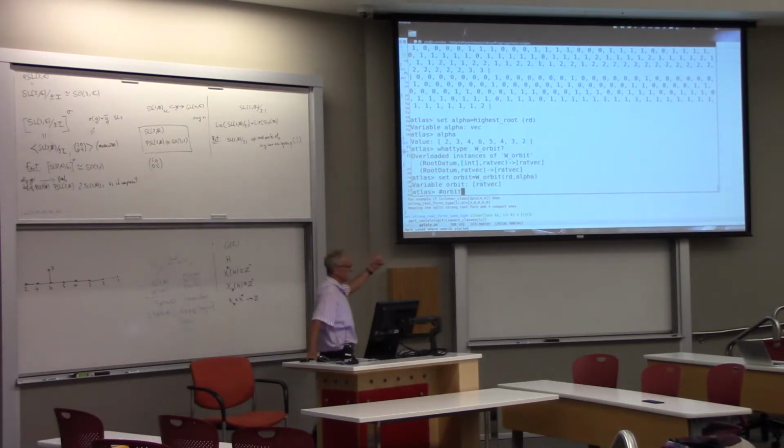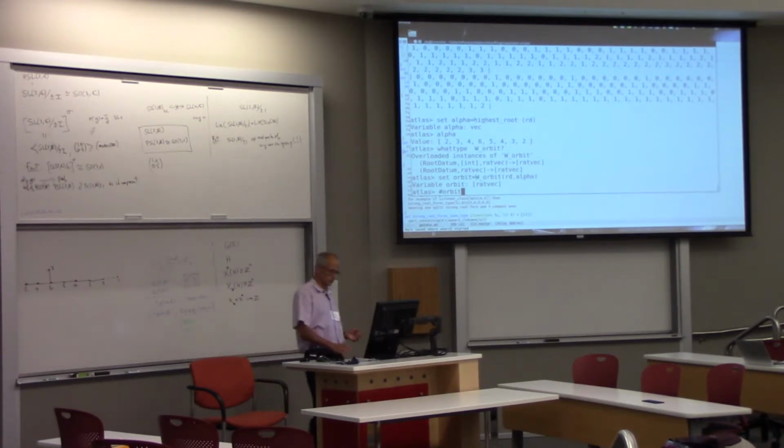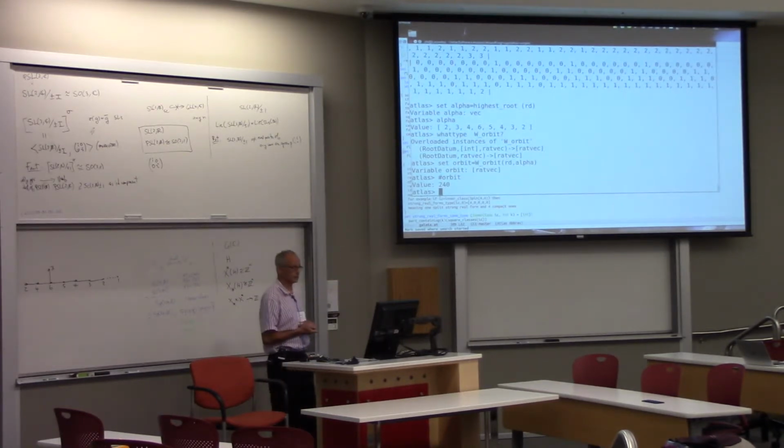So alpha is a root of E8. I'm asking what's the cardinality of the Weyl group orbit of that root? Number of roots. This root system has one root length. All roots are conjugate. So it's the number of roots, 240.